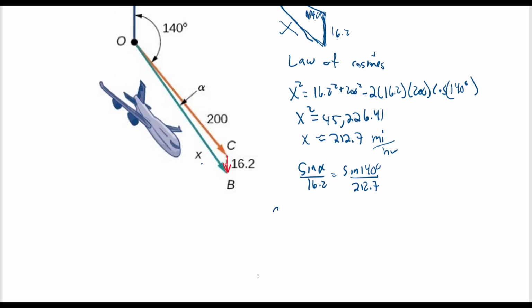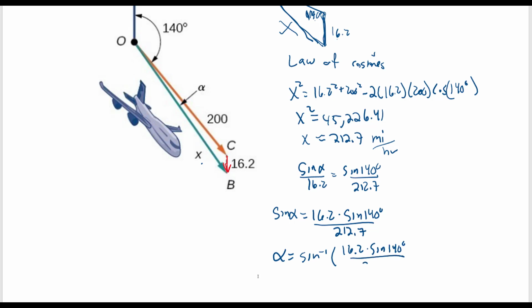So sine of alpha will be 16.2 times sine of 140 degrees over 212.7. So alpha equals sine inverse of 16.2 times sine of 140 degrees divided by 212.7. And that's going to be approximately 2.8 degrees.